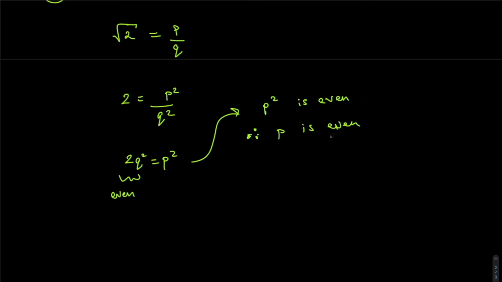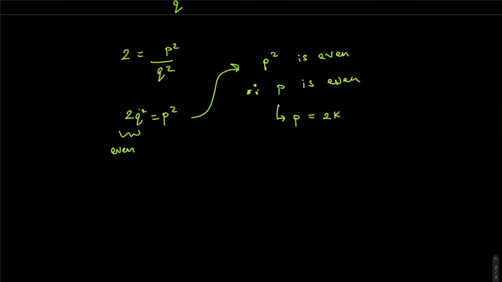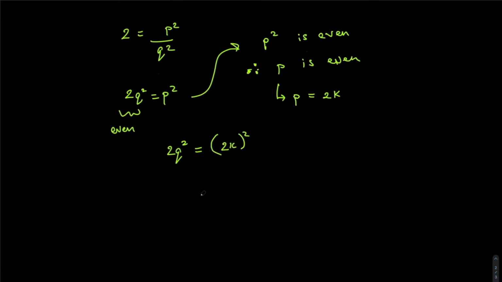So we have p is even. Now let's rewrite p in a different form. Let's say p is equal to 2 times some constant k. Now, if I put 2k for p, what do we have? We have 2q squared equal to 2k whole squared, and then 2q squared is 4k squared.